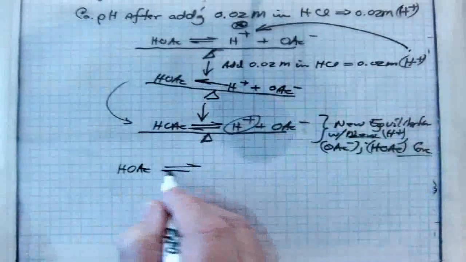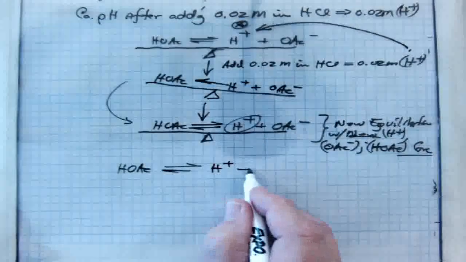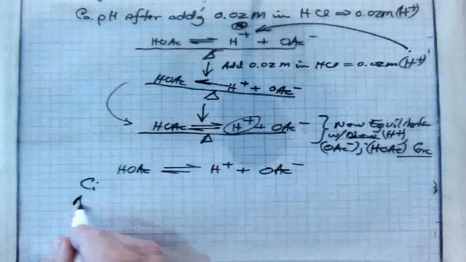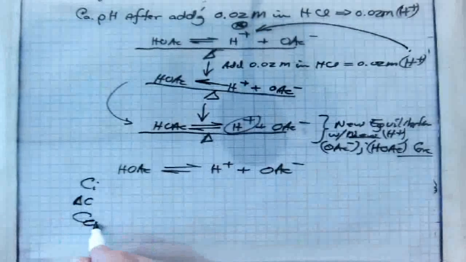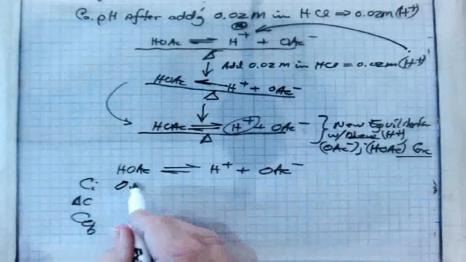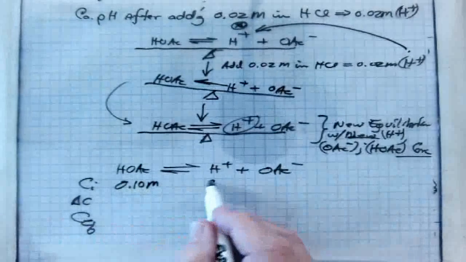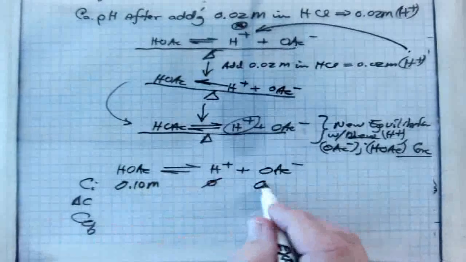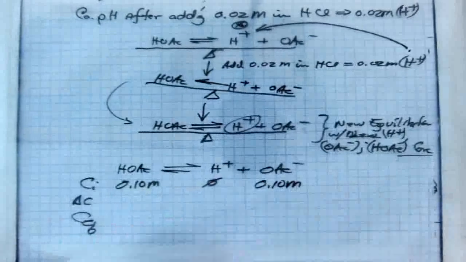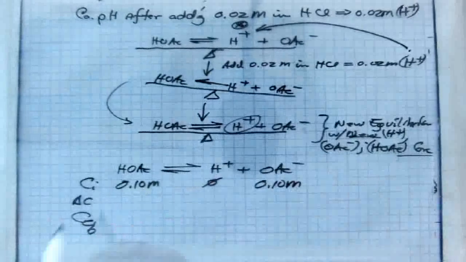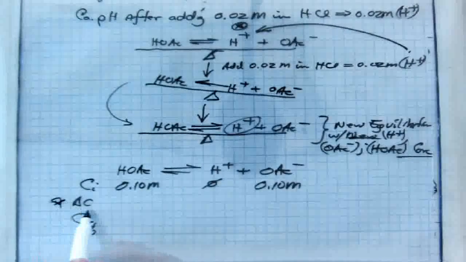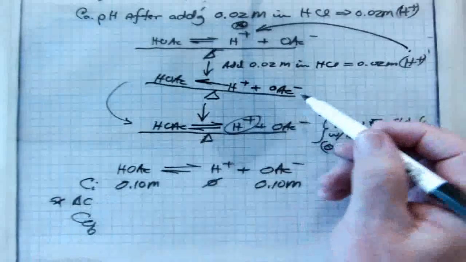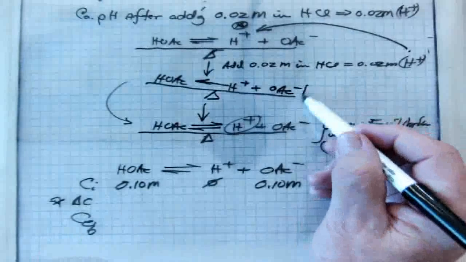And then we put the equilibrium row in. 1.8 times 10 to the minus 5 gives us the new hydrogen times 0.08 divided by 0.12, and then solving for hydronium ions, we get 1.8 times 10 to the minus 5 times 0.12 over 0.08.